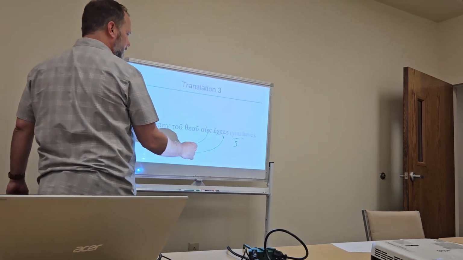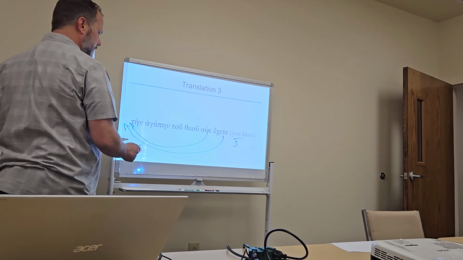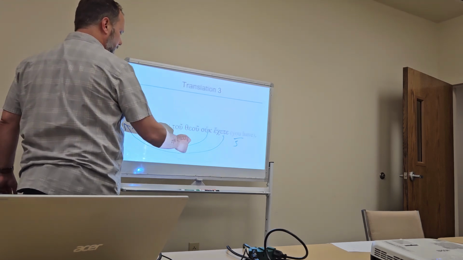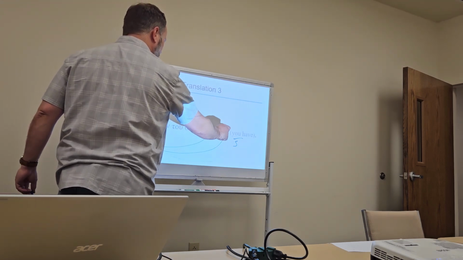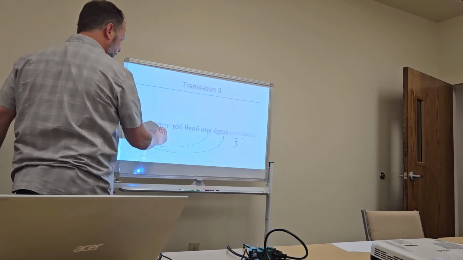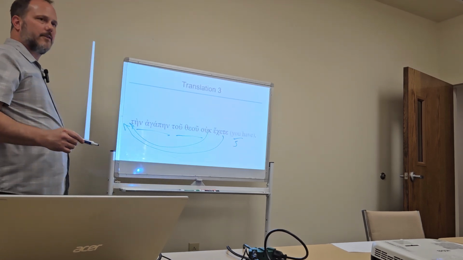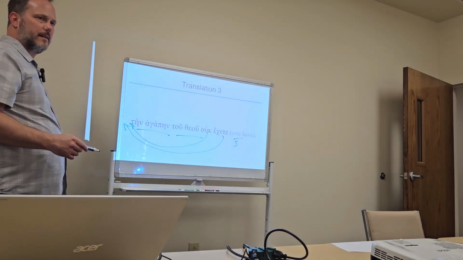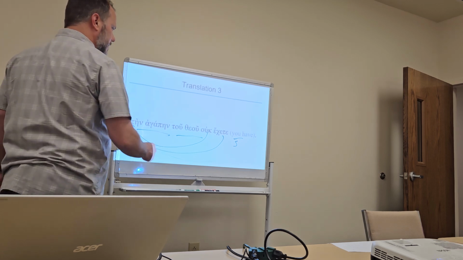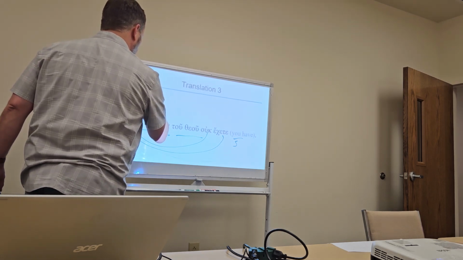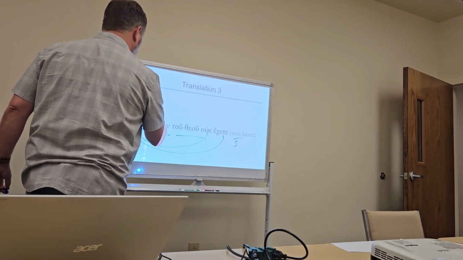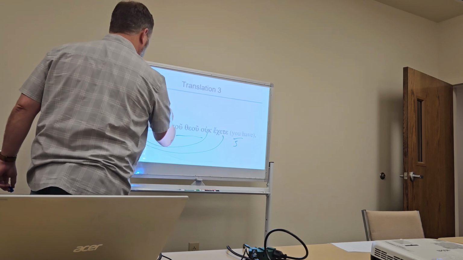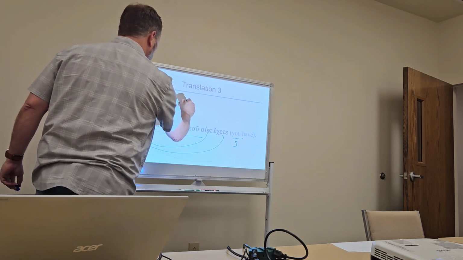So you'd end up with, you have not the love of God. That's how you're going to be working with your translation a lot. So this is where the moving comes in: have, and then that, not the love of God.